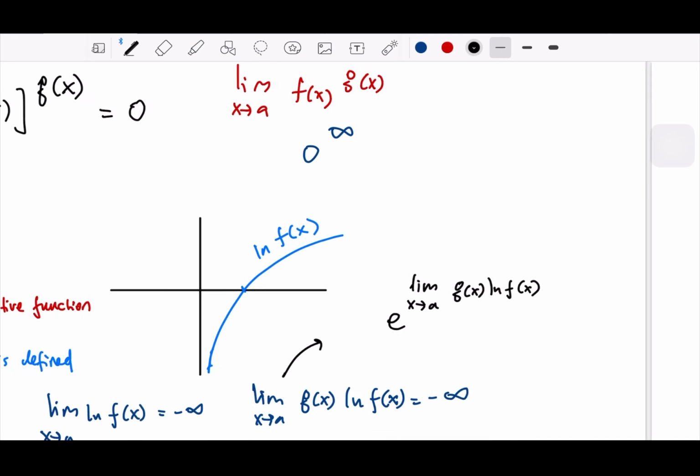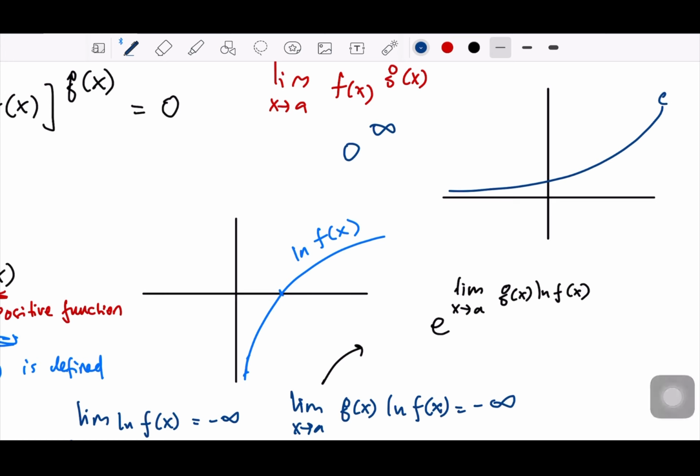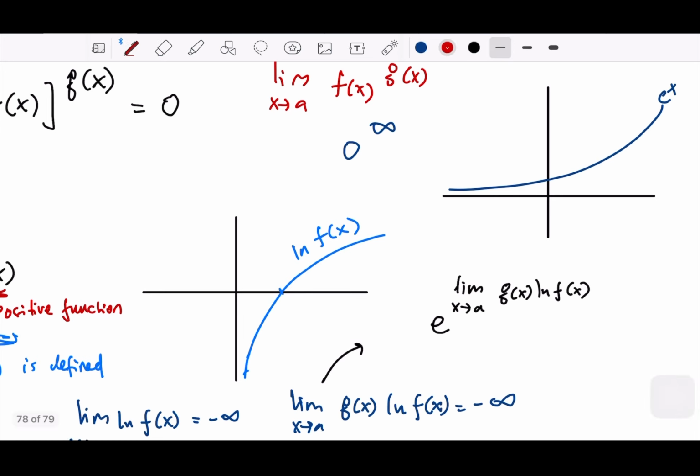So if we take some visualization of e, let's say this is e to the x. And this is e to the power negative x.